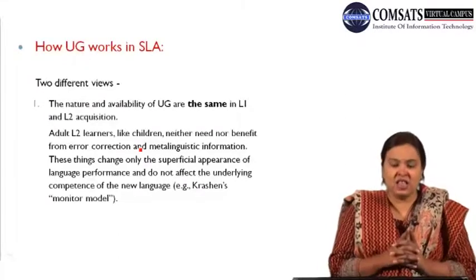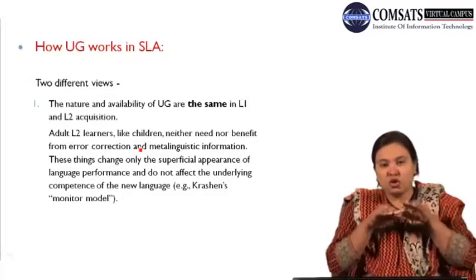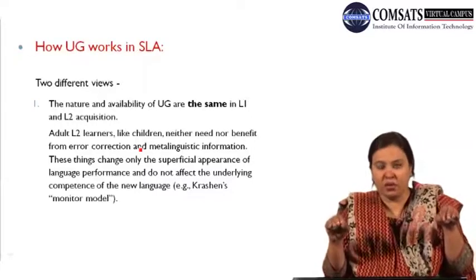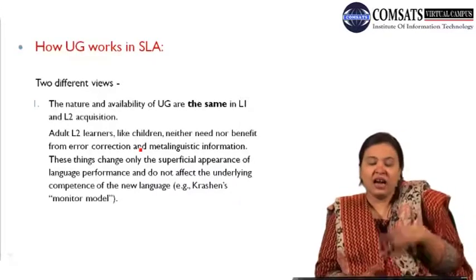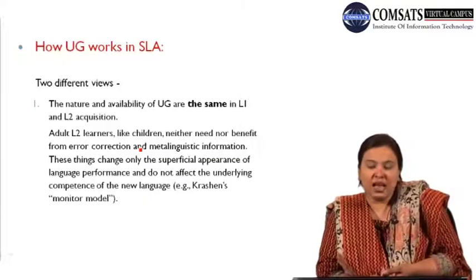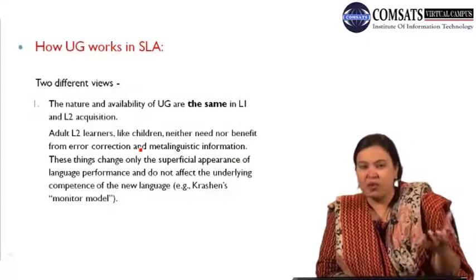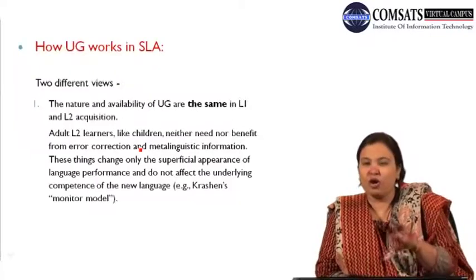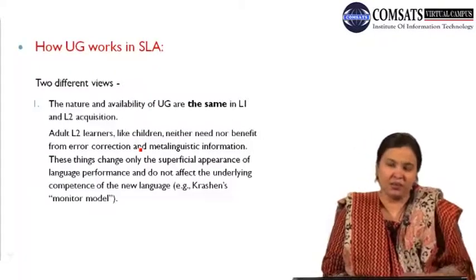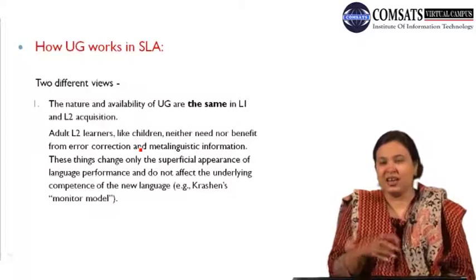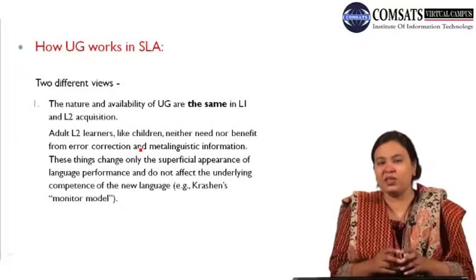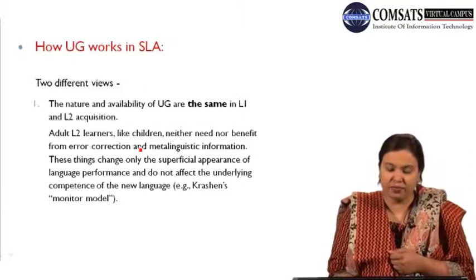So these things change only the superficial appearance of language performance and do not affect the underlying competence of the new language. I mean, this was also proposed by Krashen's monitor model. We will talk about that in the next slides. But before that, let me see what the second perspective is.